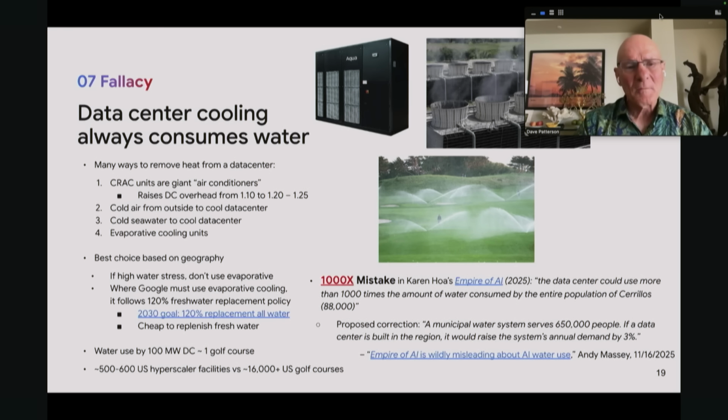Now, in terms of these overestimates, this book by Karen Hao, Empire of AI, which came out several months ago, said in the book, it cites a study in South America that a local data center would use 1,000 times as much water as the town nearby, 1,000 times as much. Well, this high school physics teacher tried to figure it out, and said that couldn't be right. The people drink much more water than that.